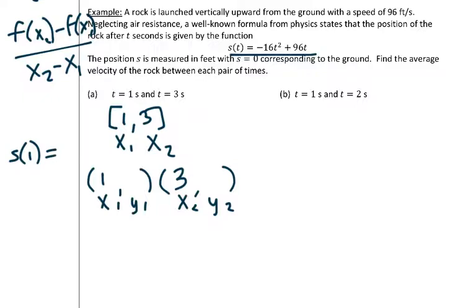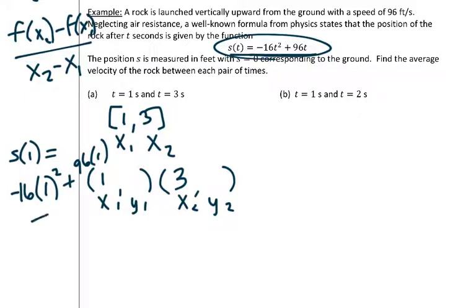On the side here, that's negative 16 times 1 squared plus 96 times 1. And if you simplify that, you should get 80.